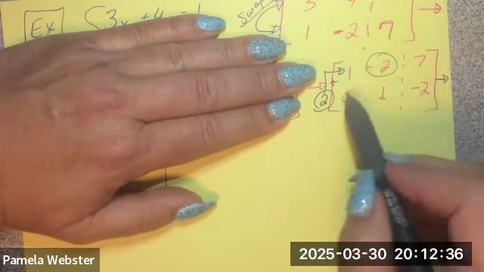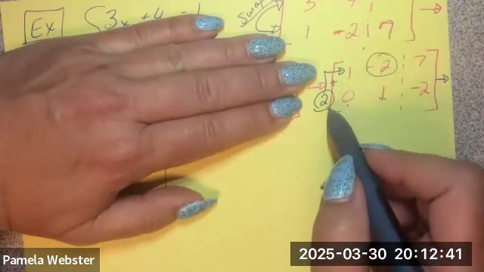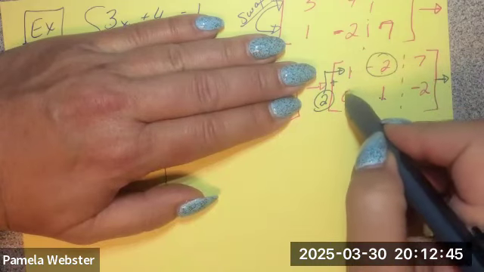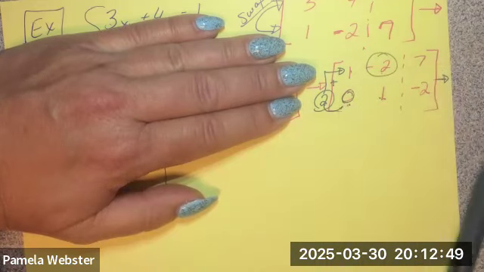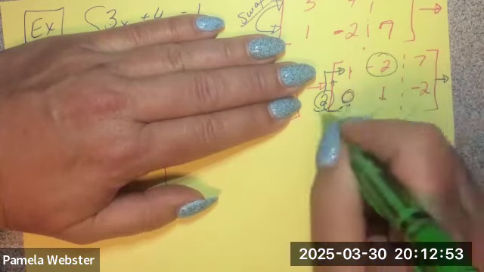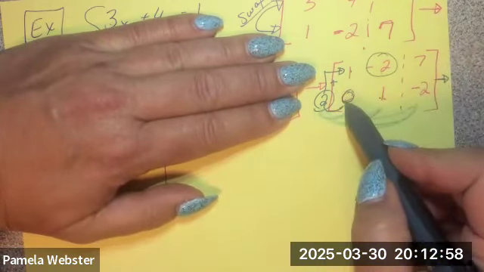Remember, I'm not changing the bottom row. I'm just trying to make this be a 0. The beauty of the order in which we did this is by making this be a 0 first. Now I'm going 2 times 0. I'm going to distribute this, right? So that I can add them up to the top. 2 times 0, what is that? 0.